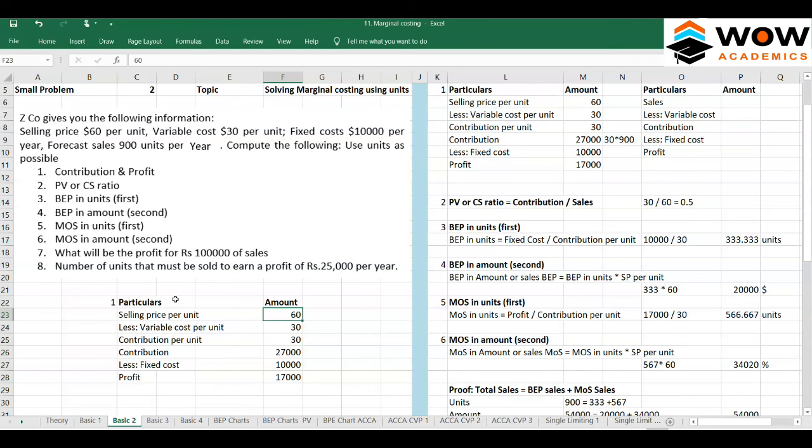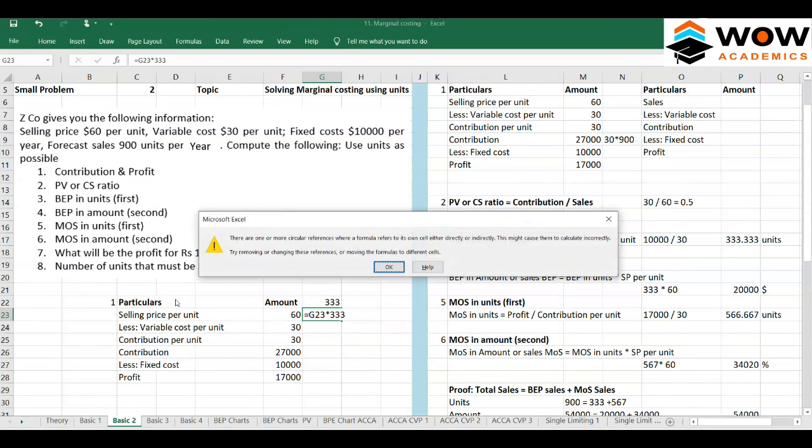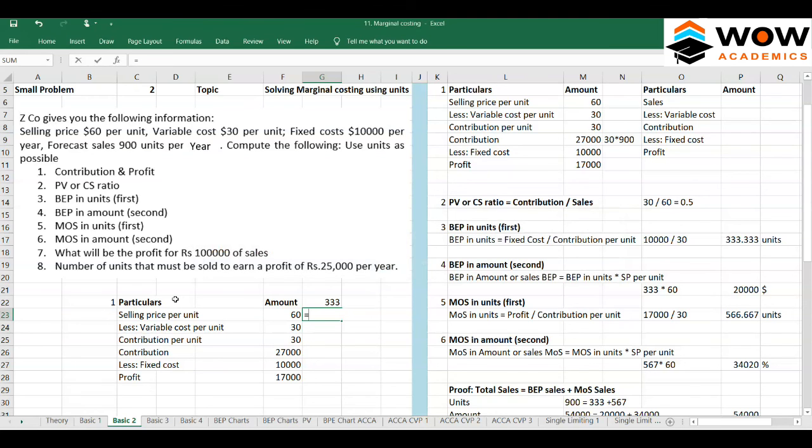So we'll start. If you sell 333 units, what will be your sales? 333 units into selling price per unit.